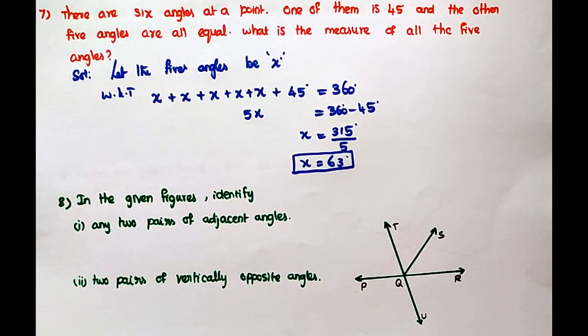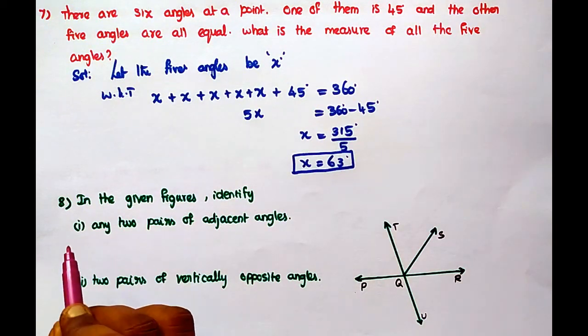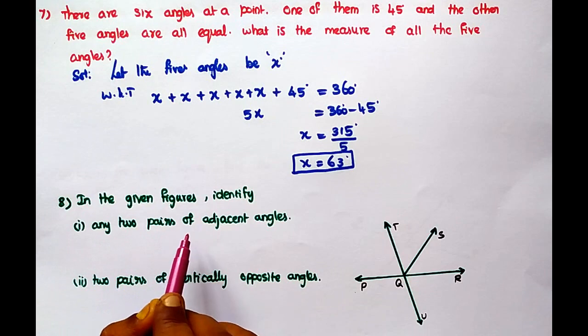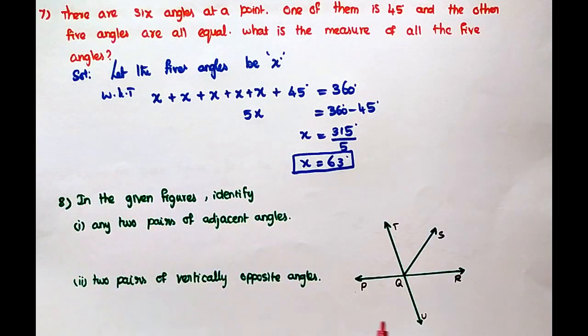Eighth sum. In the given figure, identify any two pairs of adjacent angles. Two pairs we want to find out.